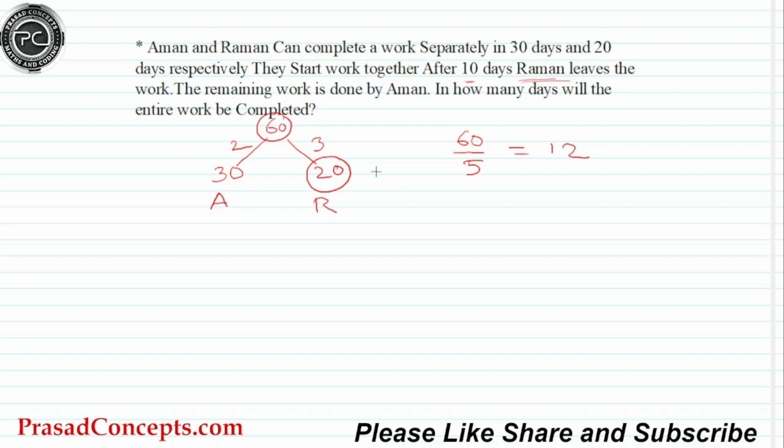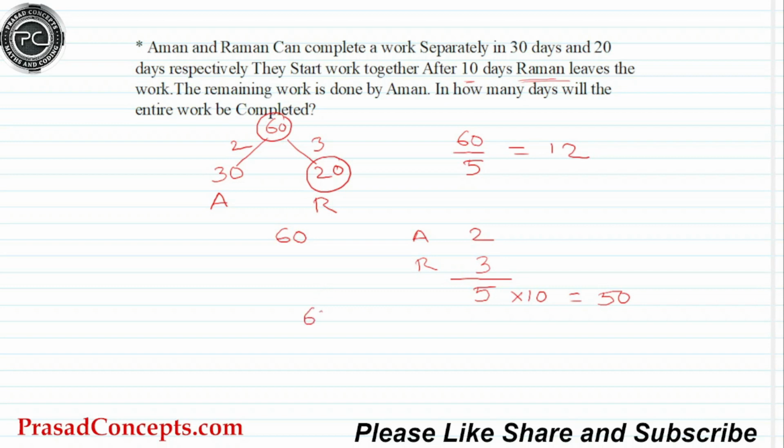So let's suppose the total work is 60 units. Aman can do 2 units of work in a day, Raman can do 3 units in a day. Total 5 units of work in a day. They worked for 10 days, so they have completed 50 units of work.